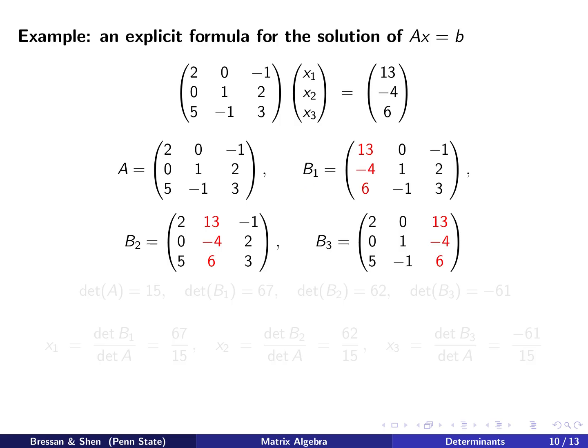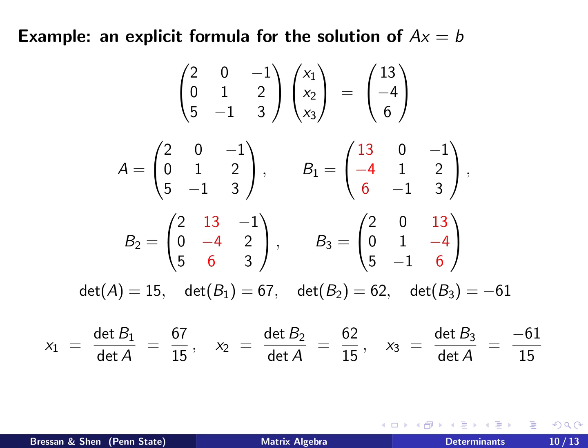B1 is formed by replacing the first column of A by the right-hand side, and I copy the rest of A. B2 replaces the second column by the right-hand side vector, and B3 has the third column as the right-hand side vector; otherwise it's copied from A. Then we need to compute the determinant of all these four matrices. We know how to do that. It takes quite some work, but we patiently work all of them out, and that's what we get.